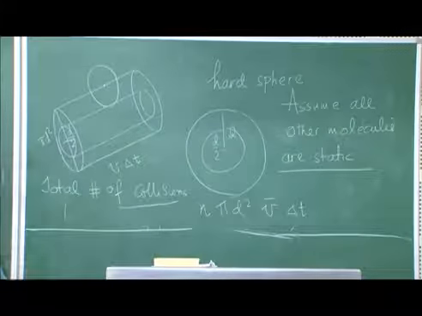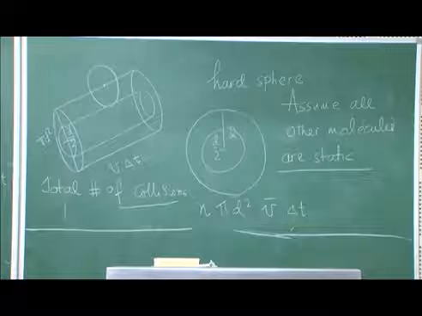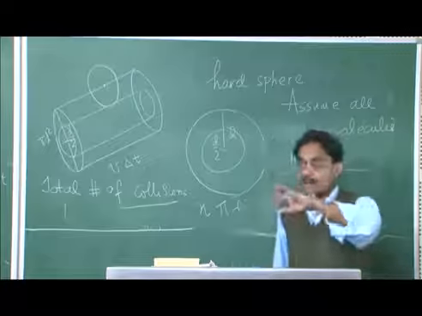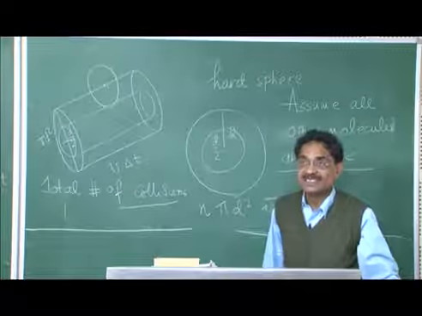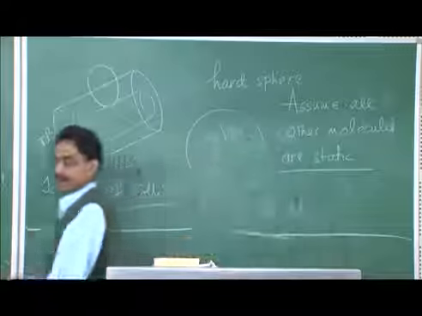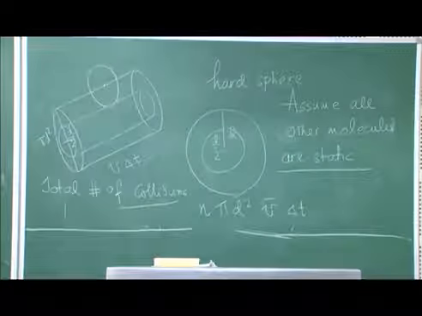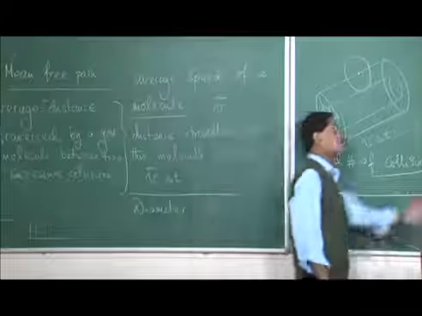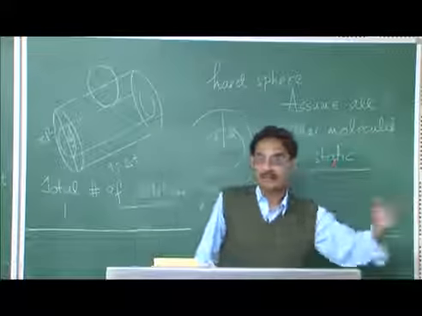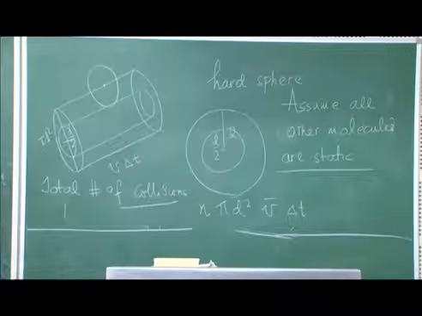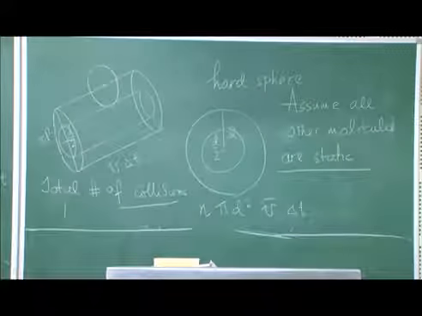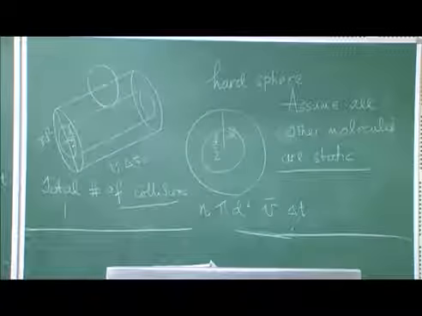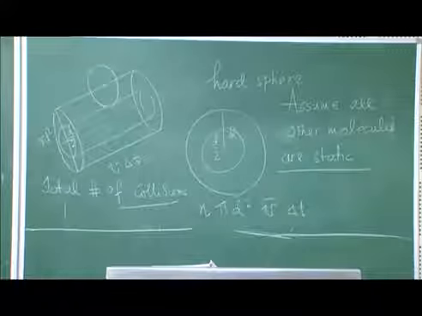This is the total number of collisions that it will have. Again, I am making an approximation here: I am assuming homogeneity, that density is the same everywhere. It does not matter where this target molecule is moving. That means I am assuming I am far away from the wall. So, if that be the case, now I can find out the rate of collision, how many collisions it will suffer per unit time.